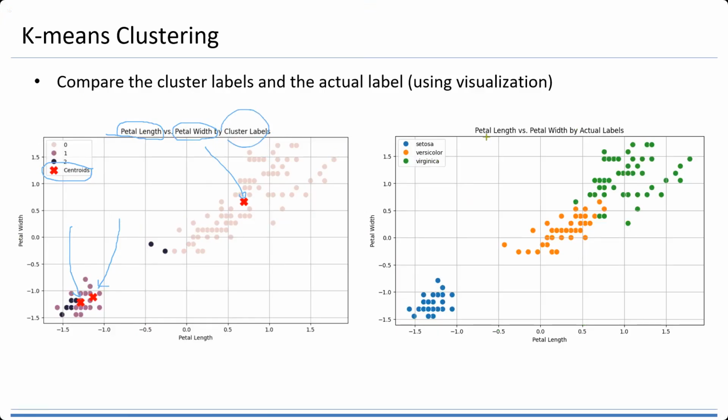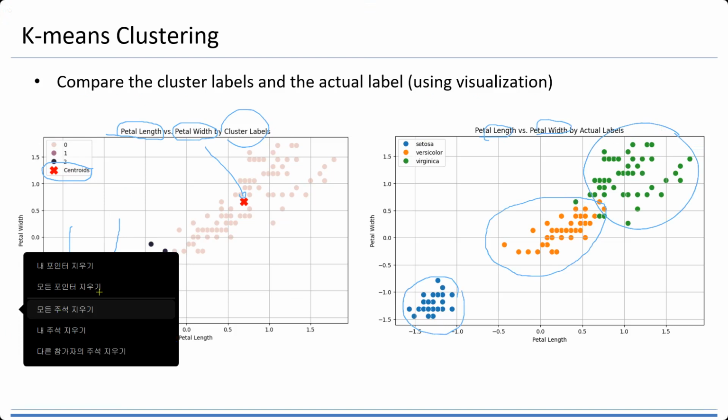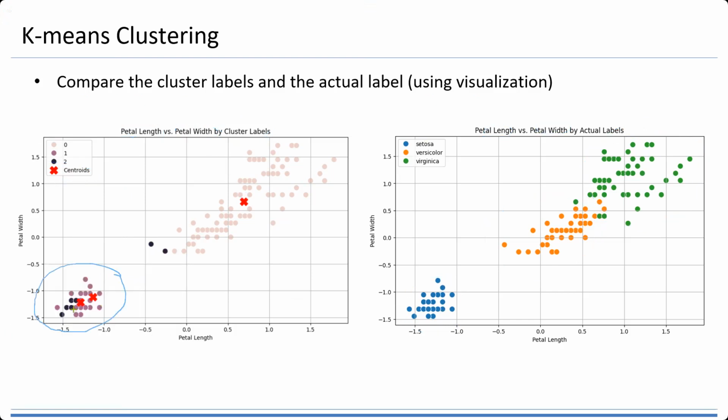If you look at the actual label, this is the petal length and petal width based on the actual label. So this is Setosa, this is versicolor, and this is Virginica. But if you look at this result, the clustering result, it is somehow mixed between group 1 and group 2. So you can see the purple color and the black color, they are here. And there are some black color here.